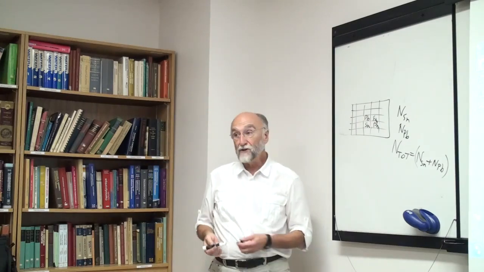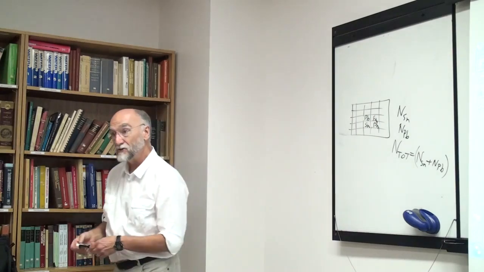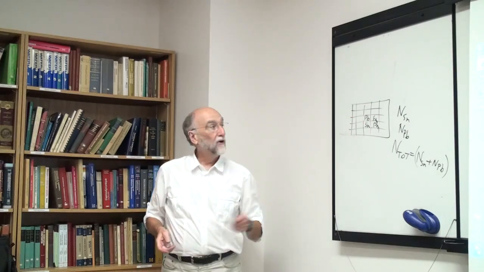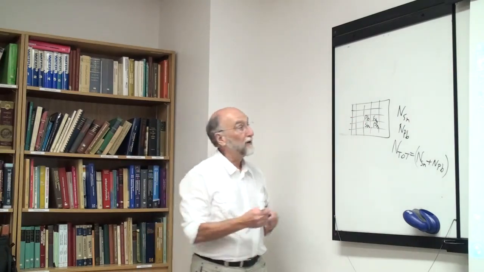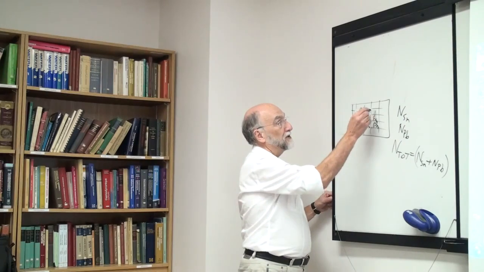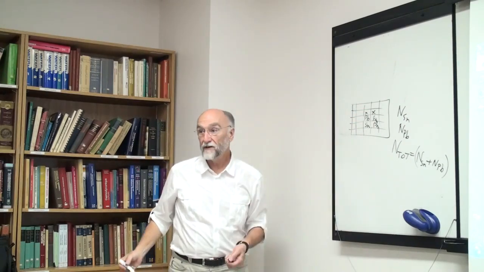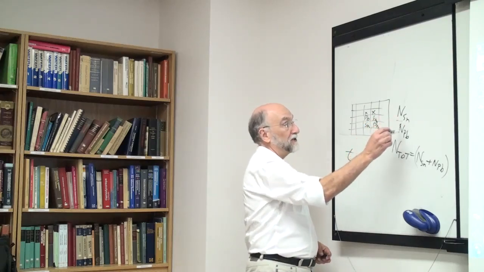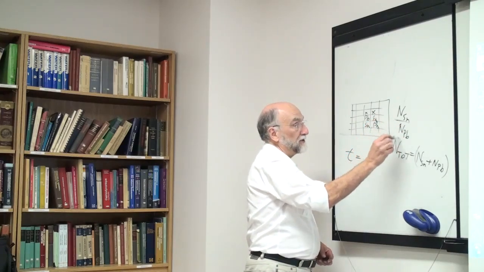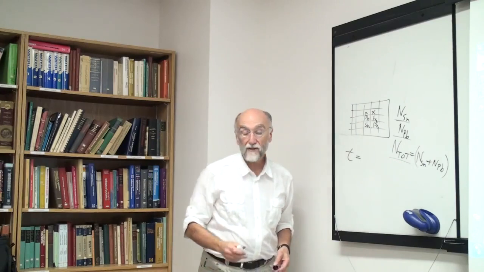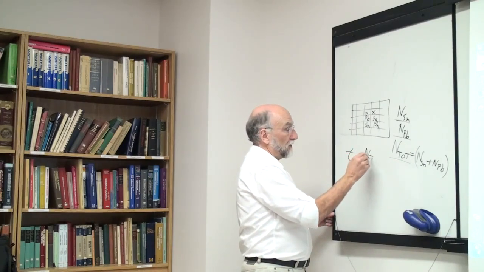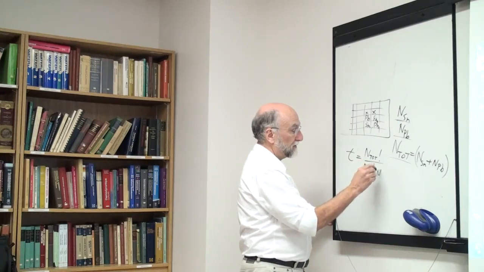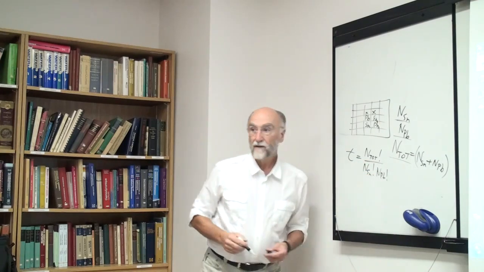If it's a random distribution, that is an ideal solution, we assume that the lead and tin are randomly distributed over all the available sites. So the probability that there's a lead here is independent of what's beside it. In that case, the multiplicity is simply the number of ways of arranging this many tin atoms and this many lead atoms over this many sites, which is n total factorial divided by n tin factorial times n lead factorial.